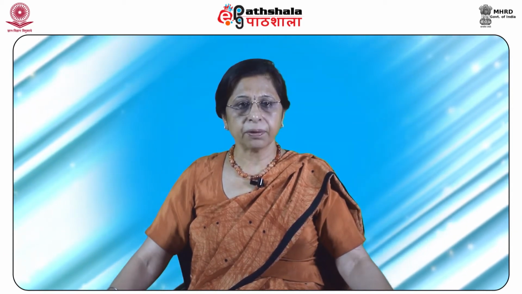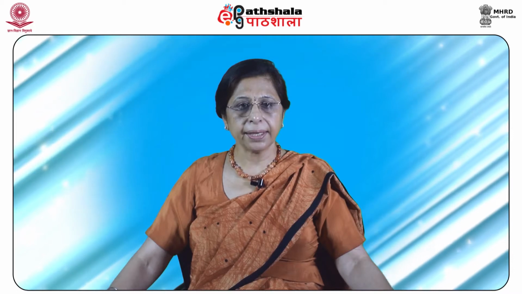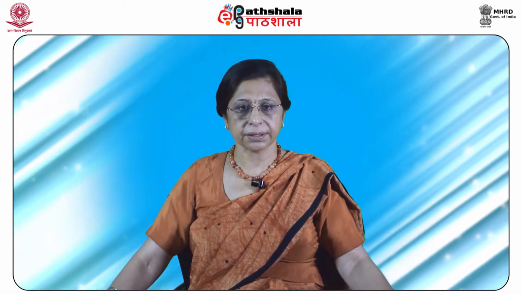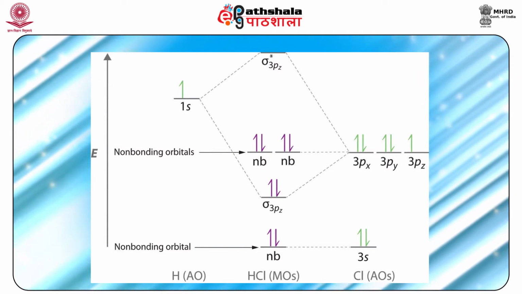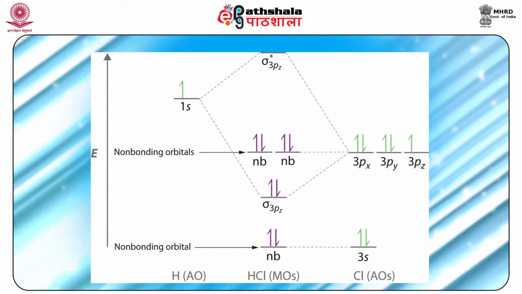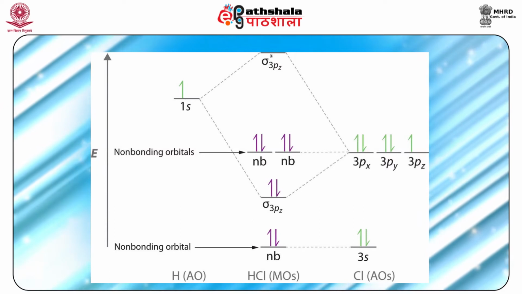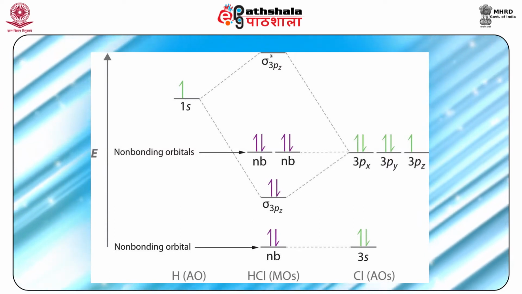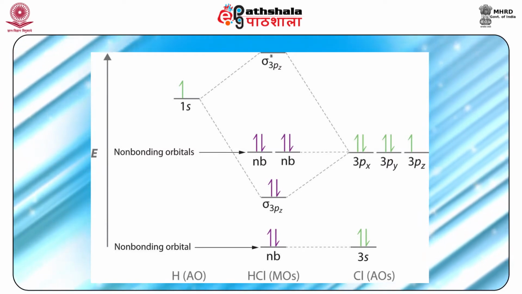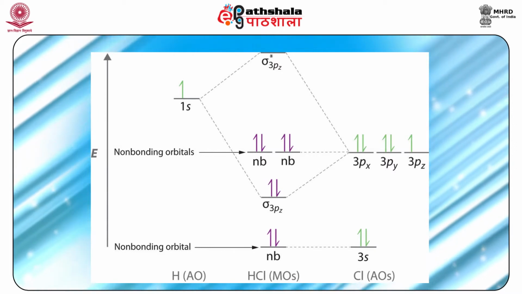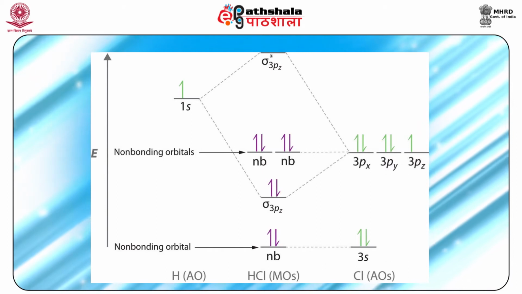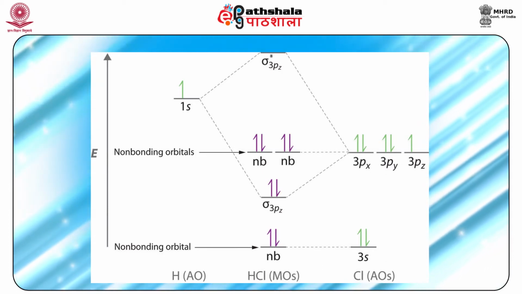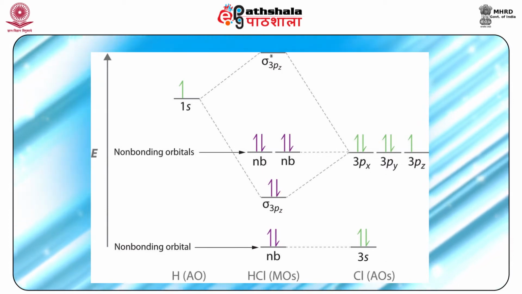Still another type of transition is the n to sigma star transition. This type of transition involves the excitation of electrons present in the non-bonding molecular orbital n to the sigma star anti-bonding orbital by absorption of electromagnetic radiation in the UV range.